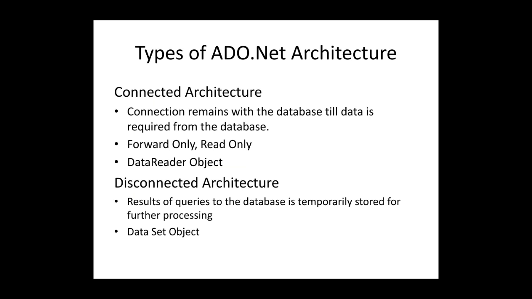So this is actually one-way communication. In this architecture, connection will always be there. Connection will not be closed. We take the data from the database in the form of results of queries and process those data row by row. Data reader class is used in the connected architecture.